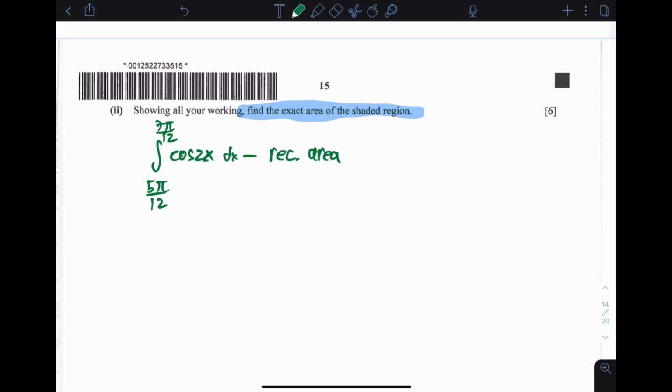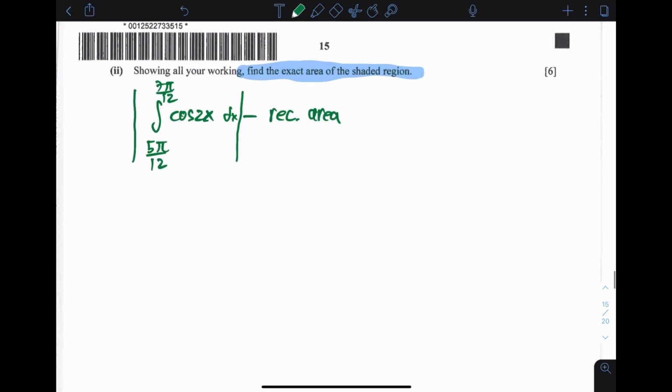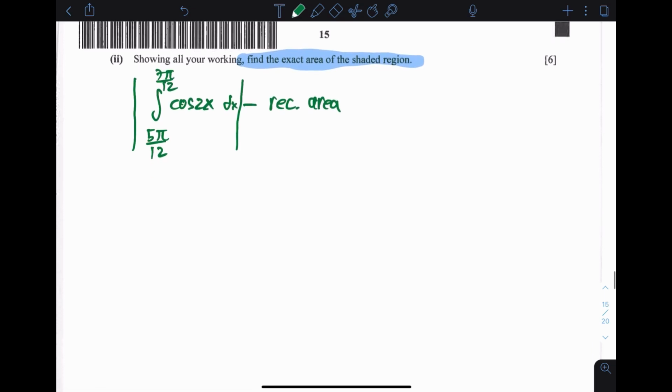Since the area we are finding here is below the x-axis, usually we put a negative over here. But if you don't want to bother with whether it's positive or negative, just put a modulus on the integration, so you don't need to worry about whether you should put a negative or not.